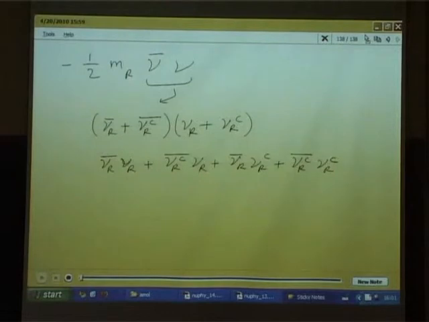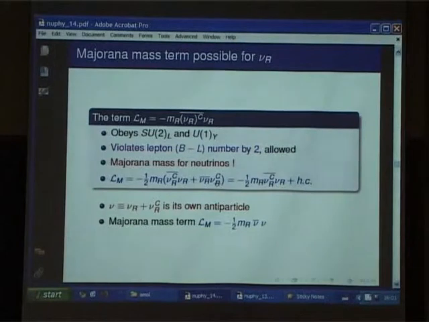The first term will vanish because ν_R is right-handed, and the projection of ν_R bar, which is a left-handed object, on a right-handed one vanishes. ν_R^c is left-handed, but its bar is again right-handed, so this is okay. And this again will vanish. So these are the two terms that survive, and you see that these two terms are exactly what we had written before. So all these statements are equivalent.